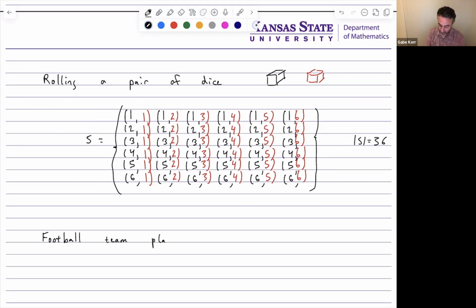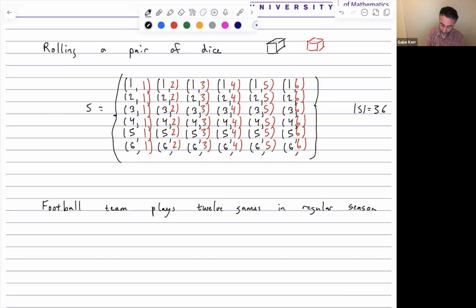So it plays 12 games in the regular season, and the outcome is going to be a question of wins and losses. So here you want to look at all possible outcomes.